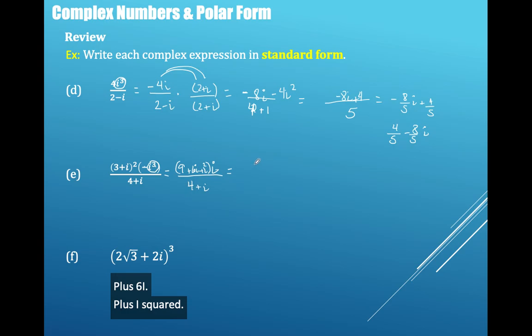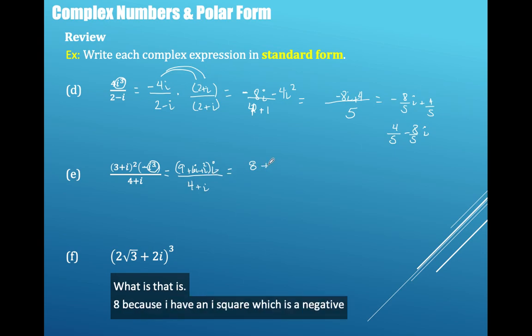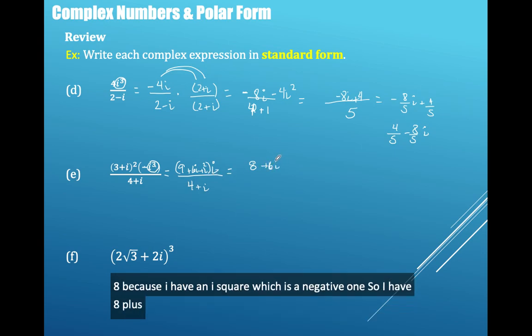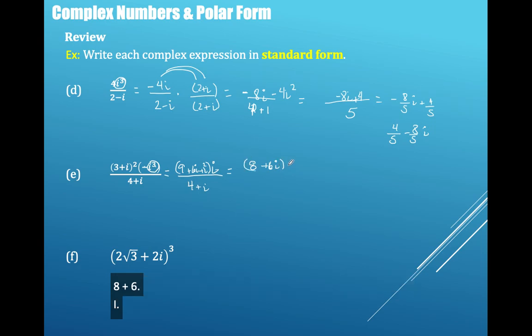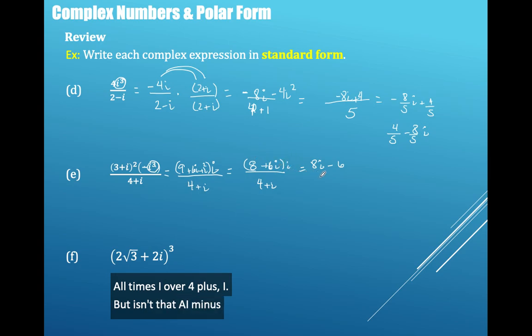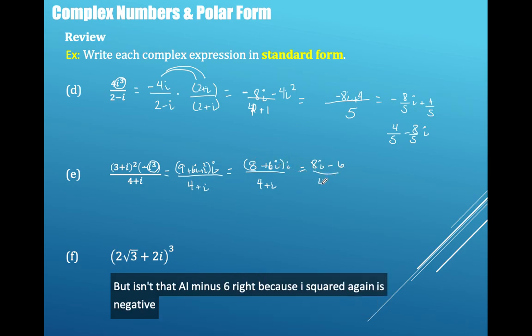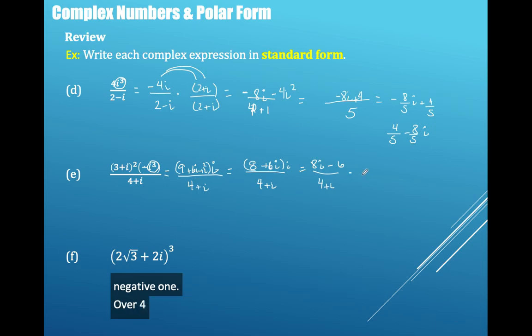What is that? That is 8, because I have an i squared, which is a negative 1, so I have 8 plus 6i, all times i over 4 plus i. But isn't that 8i minus 6, right? Because i squared again is negative 1, over 4 plus i. But what do I need to do here?